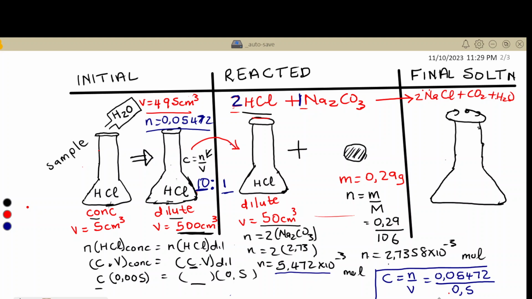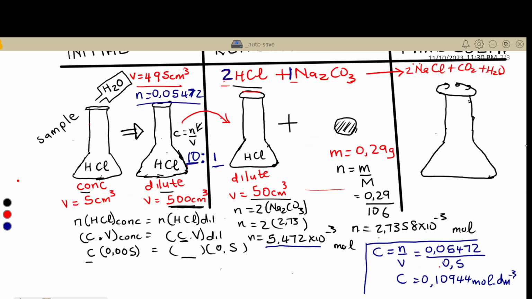So we divide 0.05472 by 0.5, this is in dm cubed now. So we get the concentration, which is 0.10944 mole per dm cubed. Now this is the concentration of this dilute 500 cm cubed HCl.